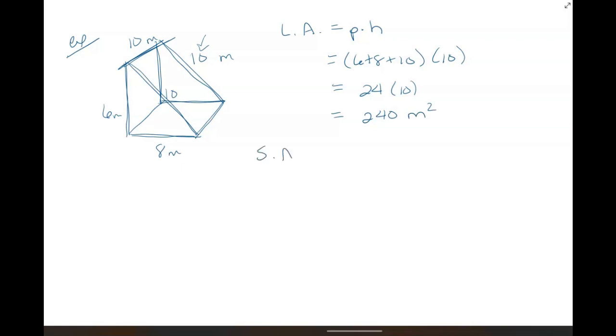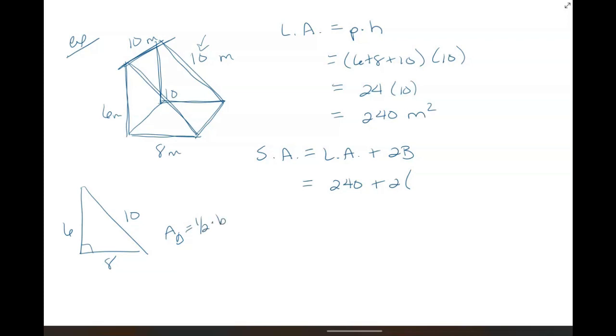Now my surface area. The surface area is the lateral area plus 2 times the area of the base. My lateral area is 240 plus 2 times the area of the base. Now, let's just review. This is 6, 8, 10. This is my base. How do I find the area of this triangle? The area of a triangle is 1/2 little b times h.